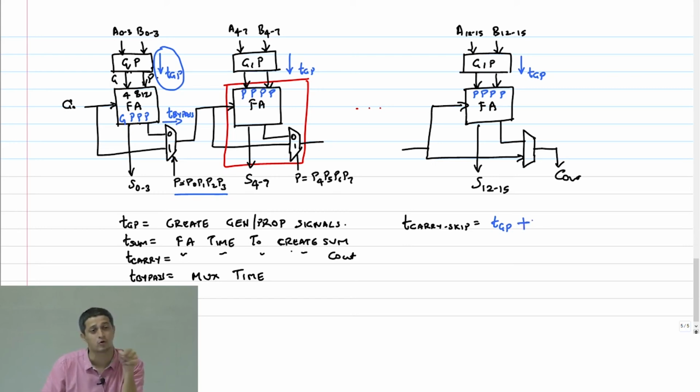What about the delay through this first adder? If you look at the critical path, it has to go through this adder like this, because it has to ripple the carry through that first stage. Correct? So what is the ripple delay there?